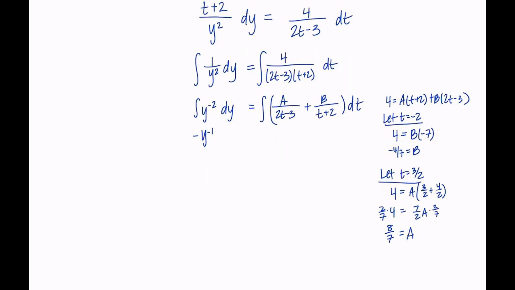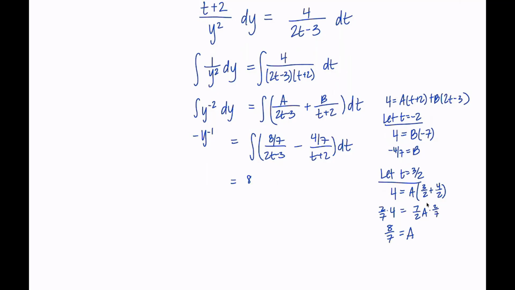So those are our values of a and b, some fractions. And so we are integrating 8/7 over 2t minus 3, and then minus 4/7 over t plus 2 dt.